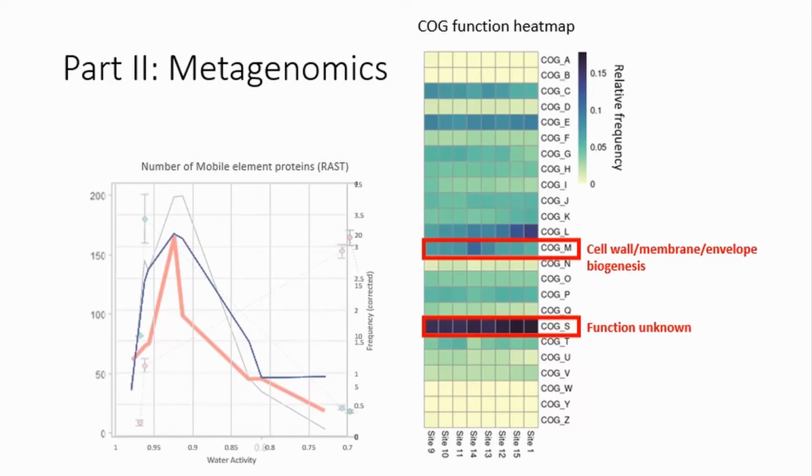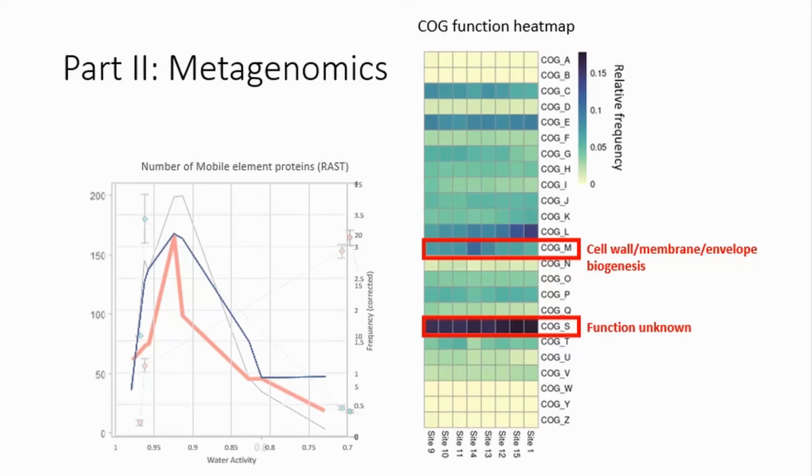But then here we did see a pattern emerge that actually quite closely corresponds to the pattern of mobile element proteins and gene transfer agents. And so this functional class is cell wall, membrane, and envelope biogenesis proteins.